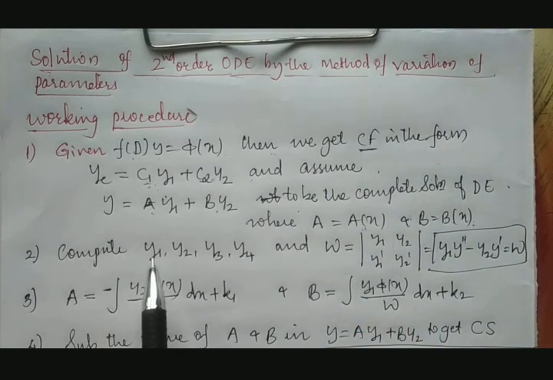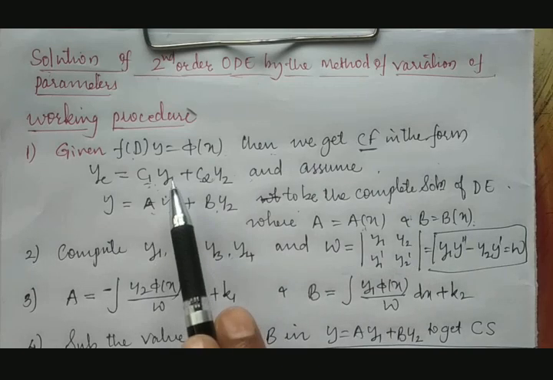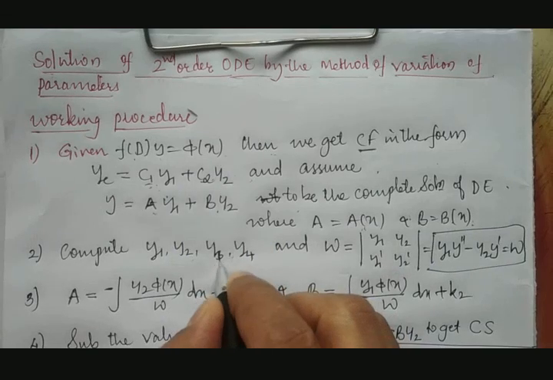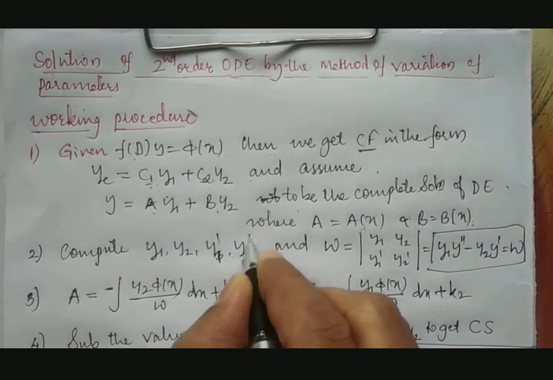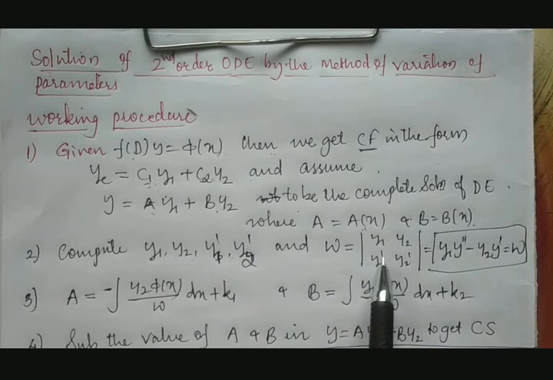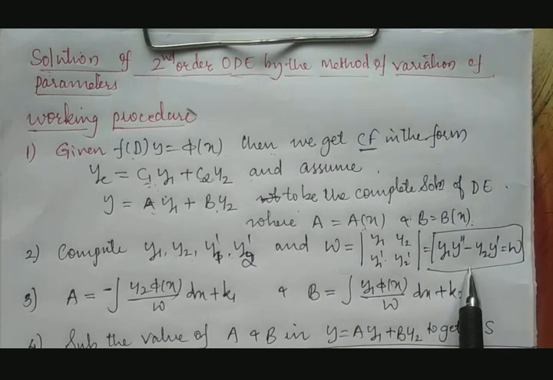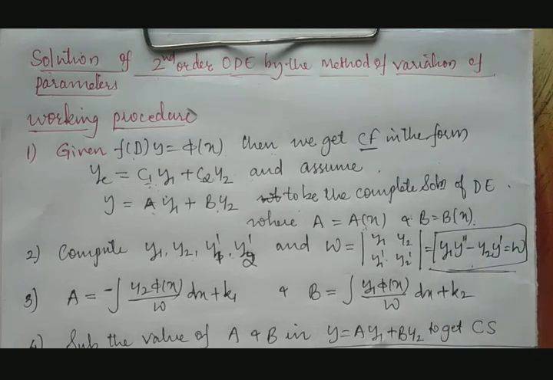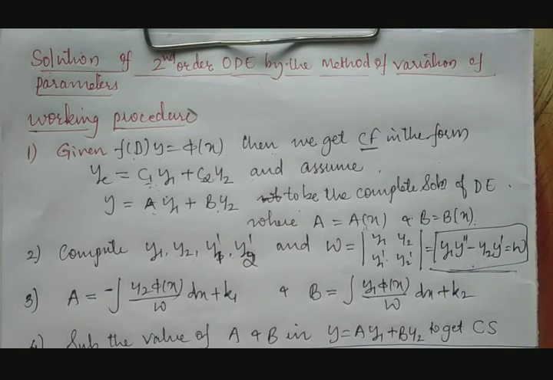Then we need to compute y1, y2, y1 dash, y2 dash. y1 and y2 we can obtain from here, then y1 dash and y2 dash, the derivatives of these. Then keep them under the determinant, or else use this relation directly. In this relation, y1 y2 dash minus y2 y1 dash is nothing but the value of W, that is the Wronskian.